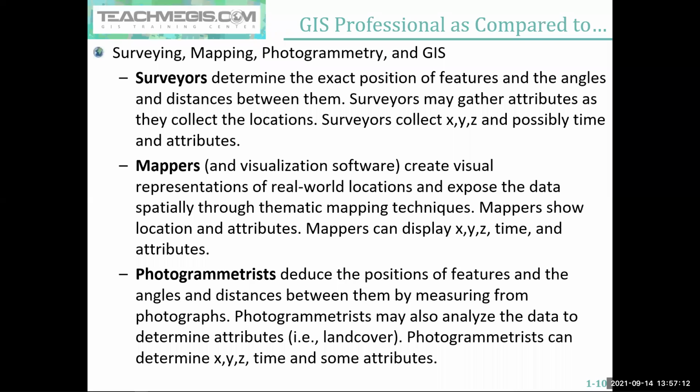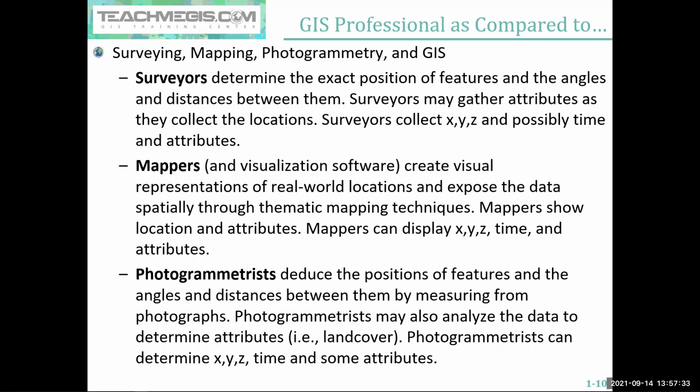So surveyors, what they do is they determine the exact position of features and the angles and distances between them. Okay, so they go out in the field and they measure exact locations of things, properties, roads, bridges. Surveyors may also gather some attributes as they collect the locations.